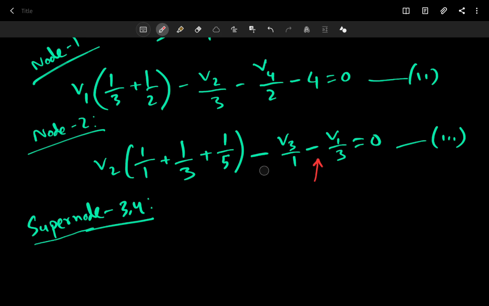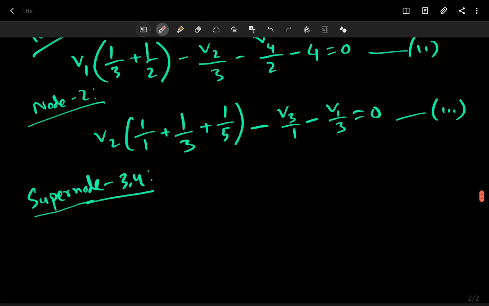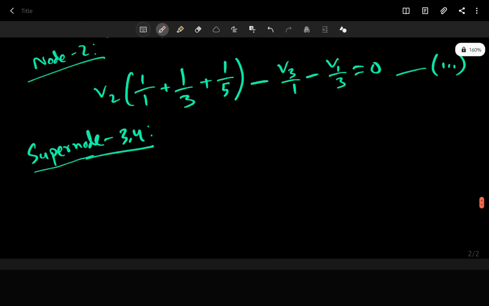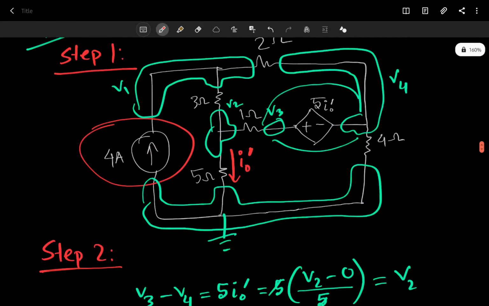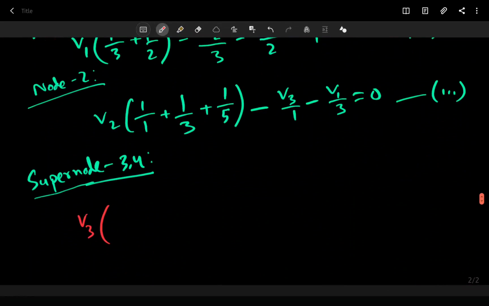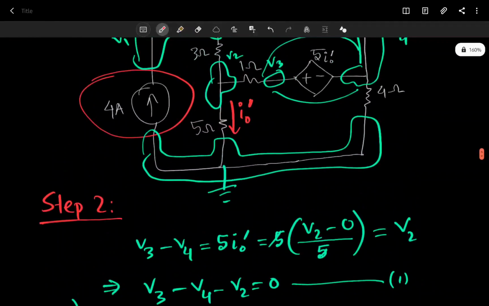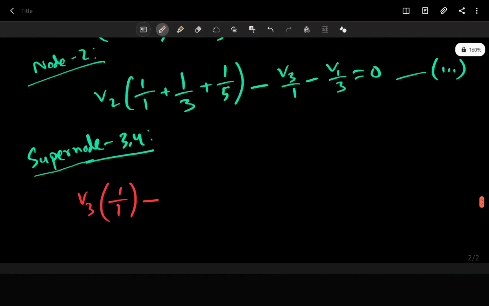For supernodes, we have both V3 and V4 as our VIP. So we write V3 times 1 by 1, minus that resistance goes to V2, so V2 by 1. This is the part from node 3, and then we have to write the part from V4.